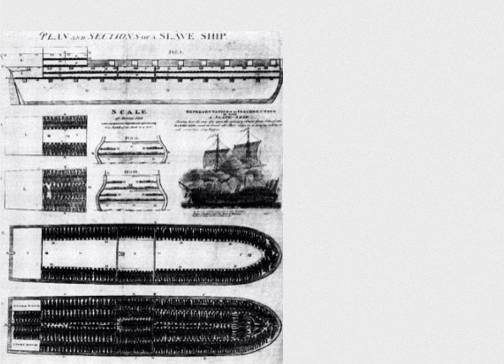Now, looking at conditions on the slave ships, it was not good. The basic thing that slavers argued over was quantity over quality. So on a ship, unfortunately, quantity typically won out. What you see here is a diagram of a ship layout, and these are the different decks. And these are people.